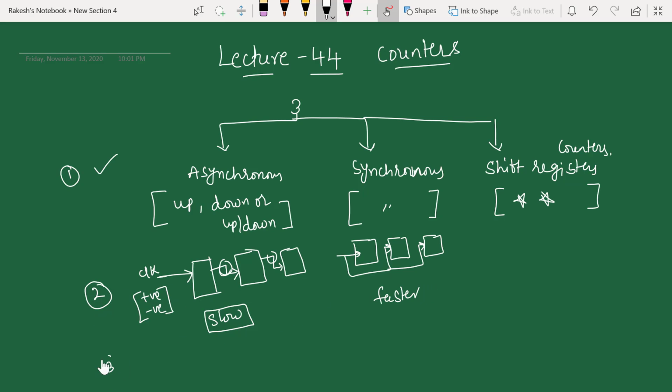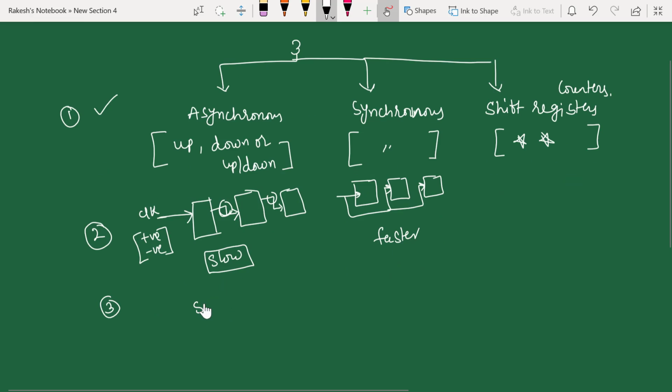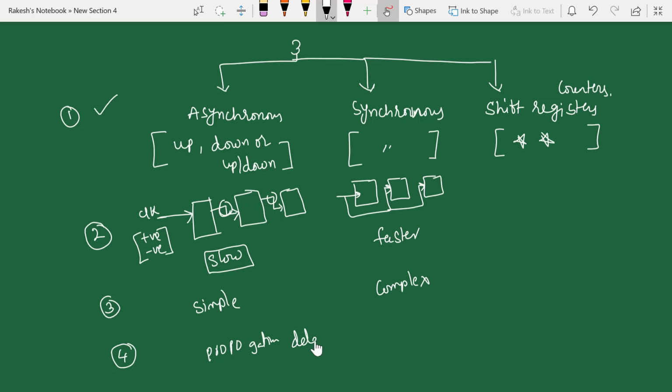Now we'll see the third point. This circuit will be simple in design. This circuit design will be complex. Let's take the fourth point. The propagation delay will be larger. The propagation delay for the asynchronous is large because you are going to apply the clock to only the first flip-flop.